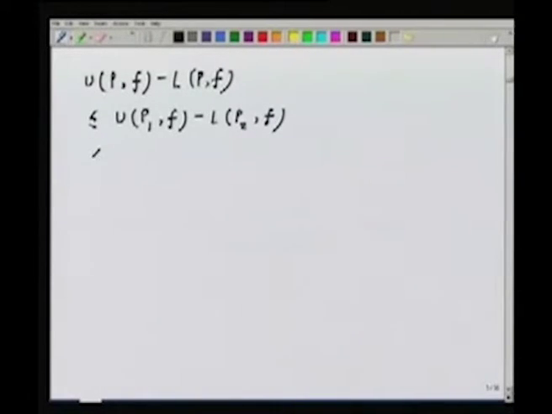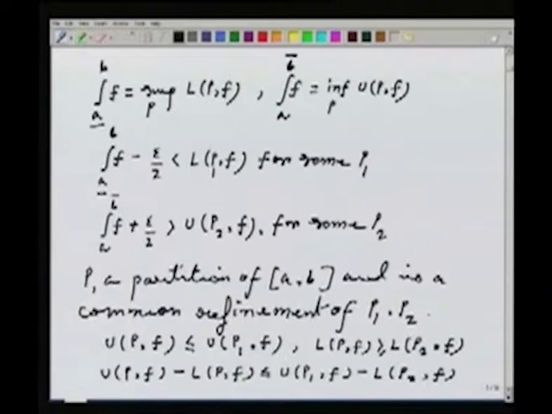which is further less than or equals to, let us look at the previous page. I know this relation, that U(P2,f) is less than, so I will use that.